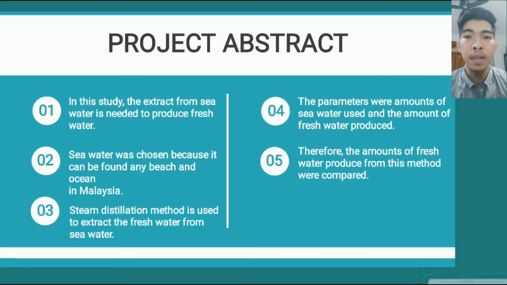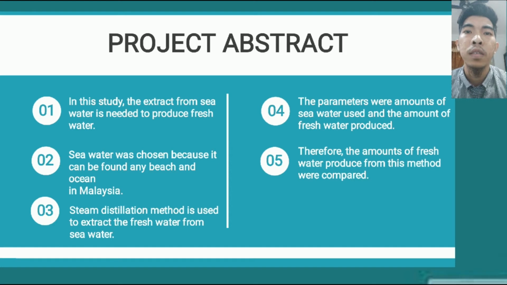Okay, next we go to the project abstract. In this study, the extract from the seawater is needed to produce the fresh water. Seawater was chosen because it can be found at any beach or ocean in Malaysia. Nowadays, there is an increased demand for fresh water from citizens as water channels in certain urban areas do not receive enough supply of fresh water.